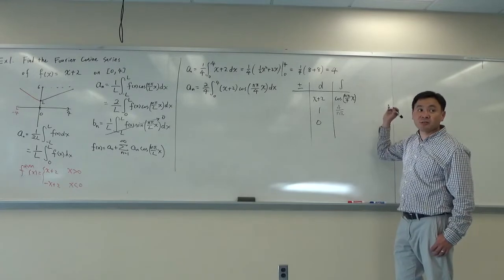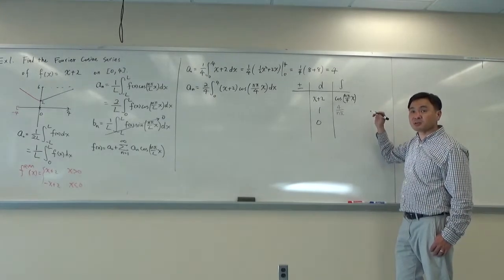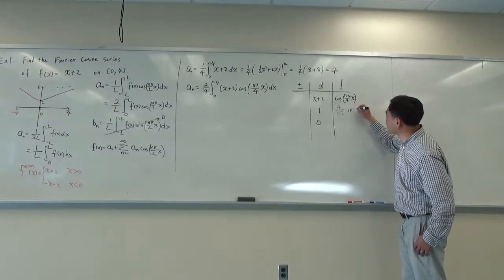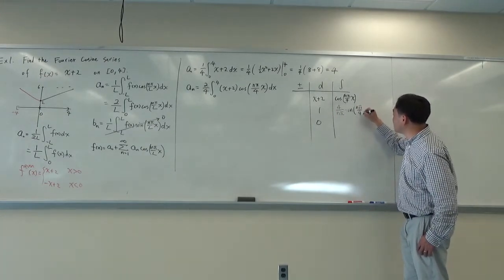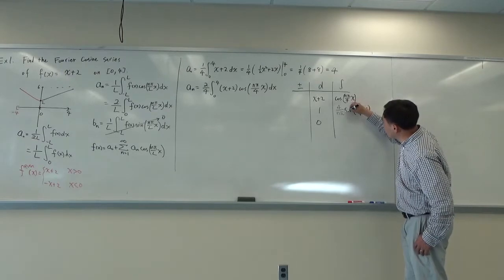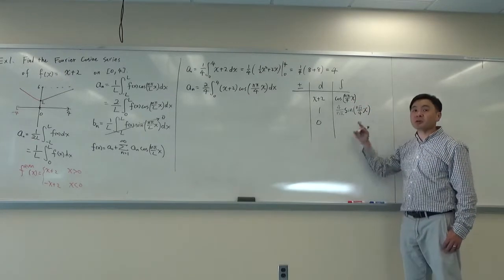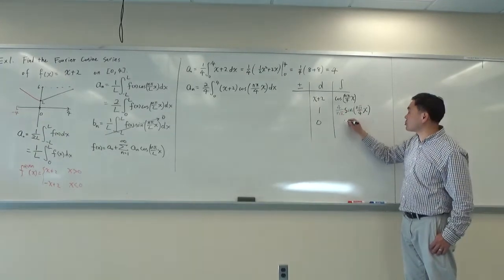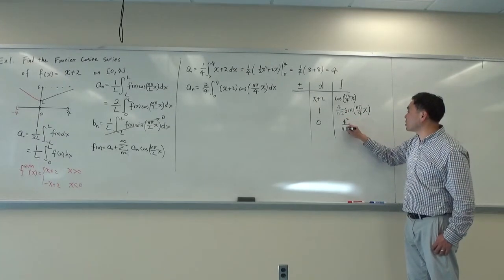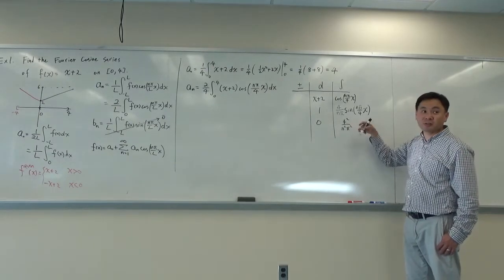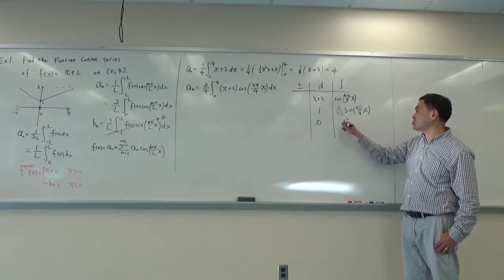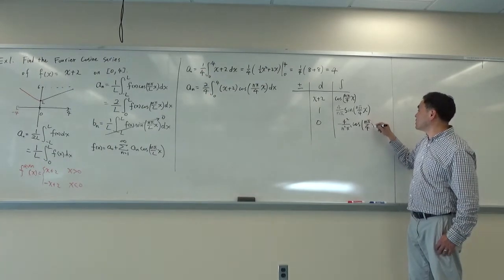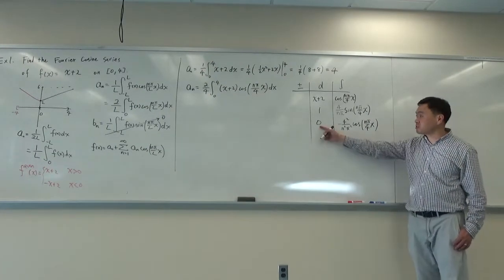Integral of cosine is? Sine, thank you. And then you have sine of n pi over 4 x. And then, integrating this again, another 4 over n pi will appear, so it will be 4 squared over n squared pi squared, and sine integrates to negative cosine n pi over 4 x. And then I stop here because this became 0.